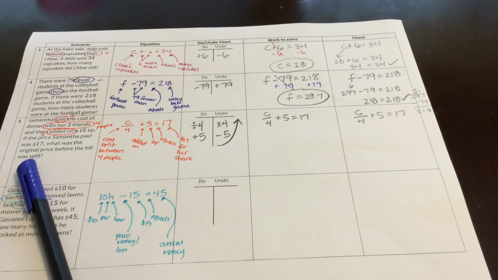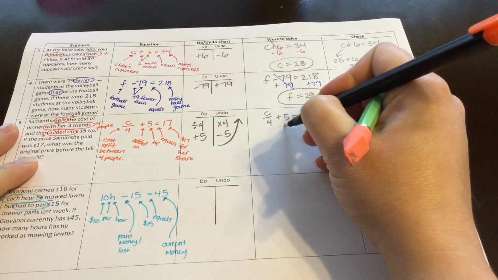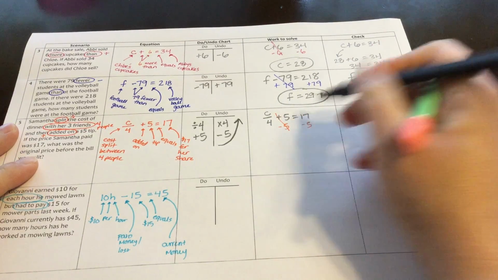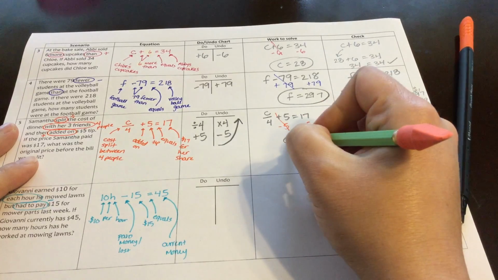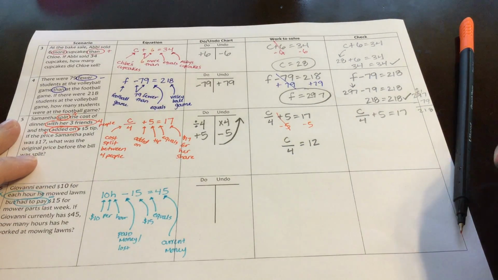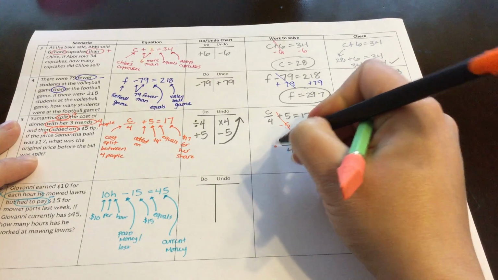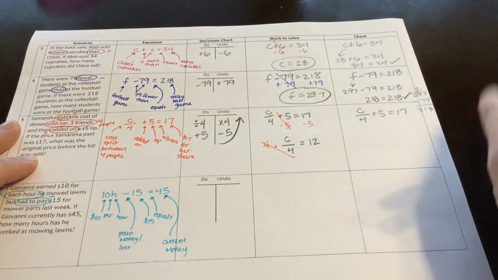The first thing to undo will be the addition. The inverse of that would be subtracting 5. So my first equivalent equation is going to be C over 4, or C divided by 4 is equal to 12. Then I'll undo the division with multiplying by 4.